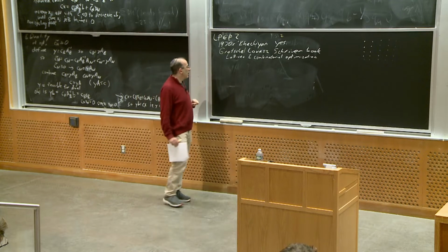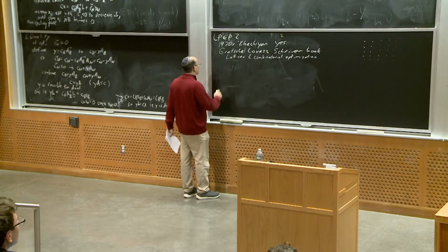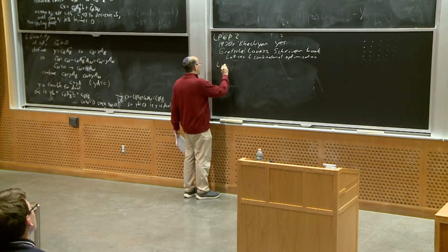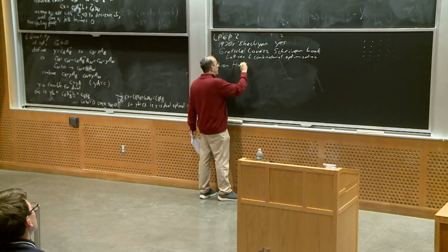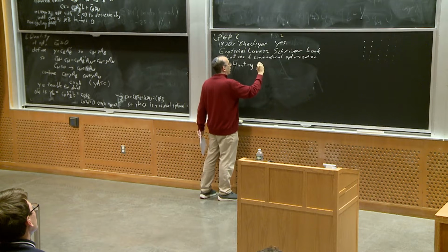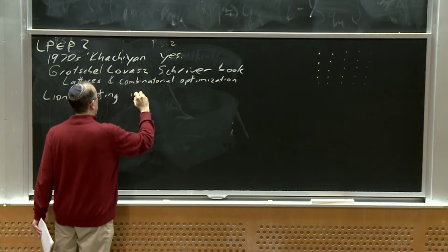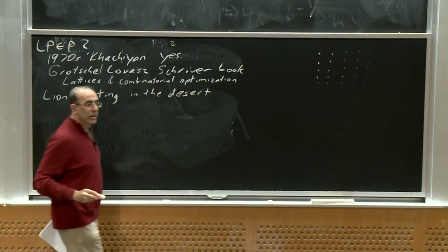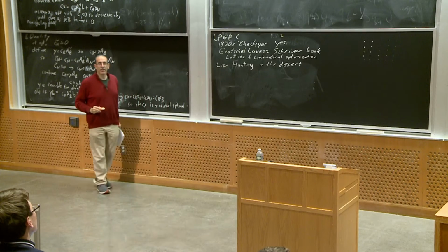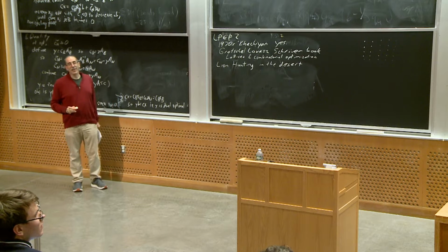And one nice, sort of poetic version of this, I don't know how many of you have seen the treatise on how mathematicians hunt lions in the desert. Who's seen this? Nobody? Oh, that's sad.